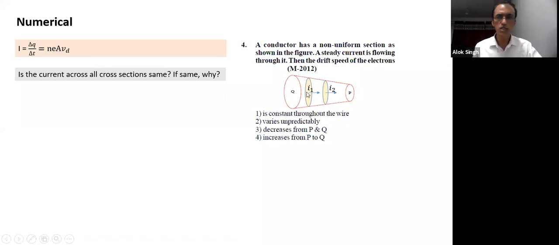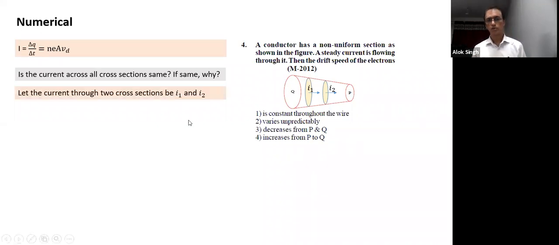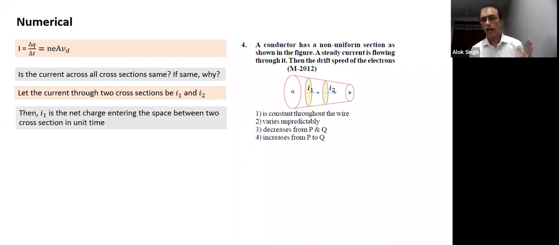Let's initially assume these currents are not equal. This current is I1 and this current is I2. Is it possible to have different values of current across two cross sections? Then what does I1 indicate?